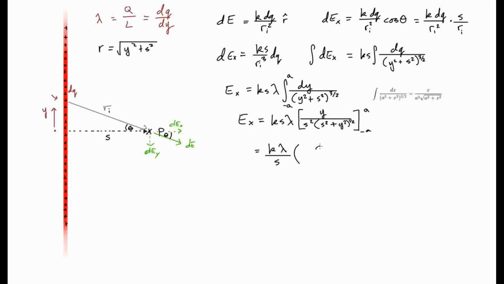All right, so we're evaluating a for our y, and we've got the s squared taken out, so we now have, I'm going to go ahead and write this as a root here, the root of s squared plus a squared.